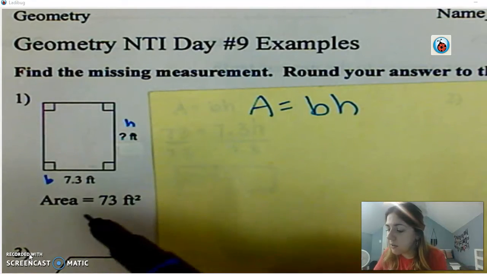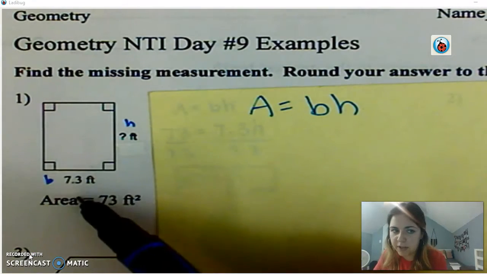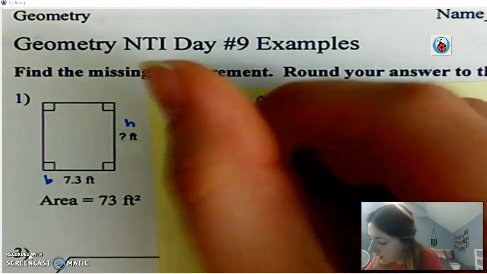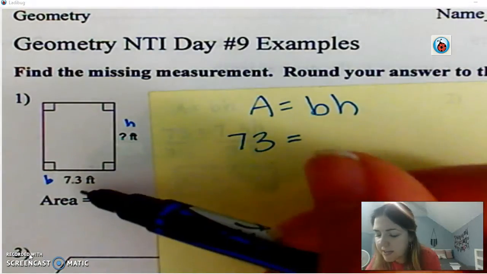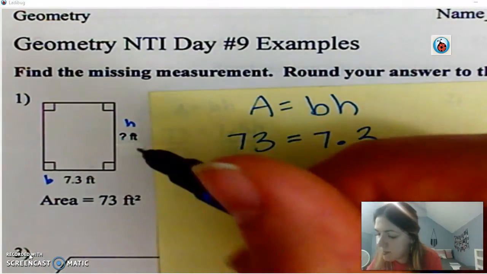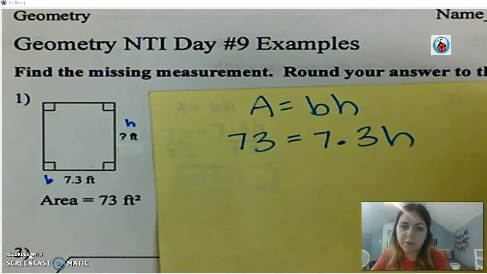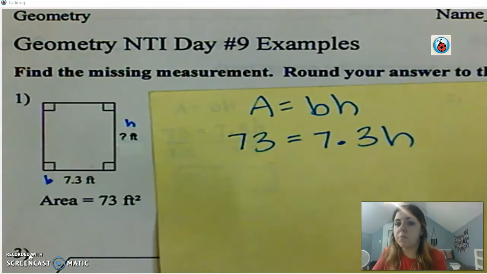Now we're going to take these values and substitute them in. Area was 73 feet squared, so instead of writing A for area, I'm going to write 73 equals, and my base is 7.3. My height we're going to leave as H because that's what I'm looking for. Now we can solve this just like a normal equation.